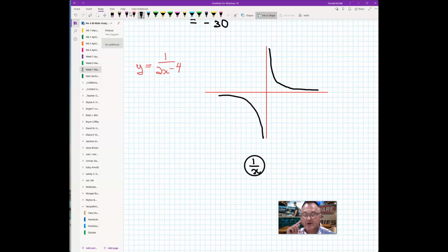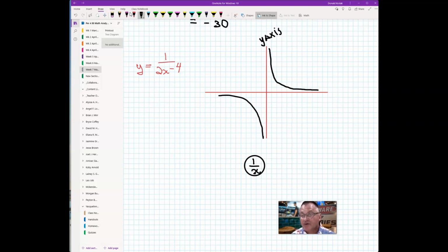Now, we're going to go into rational functions more down the road. So, if you don't quite get this, don't worry about it. You don't have to master it at this point yet. One of the things in order to graph a rational function is you've got to figure out where the asymptotes are. Right now, this y-axis is what we call a vertical asymptote. The graph does not cross the y-axis. It just gets really close to it.